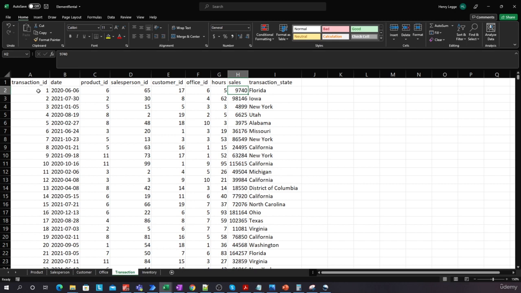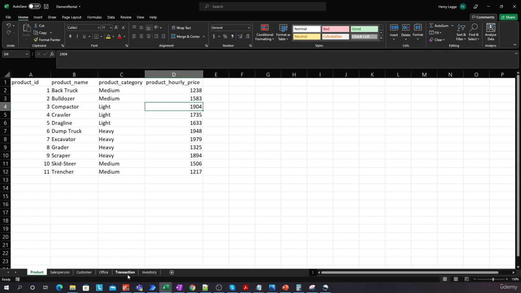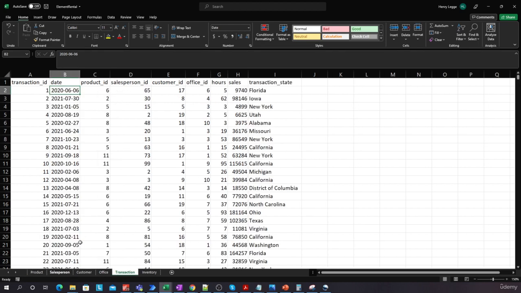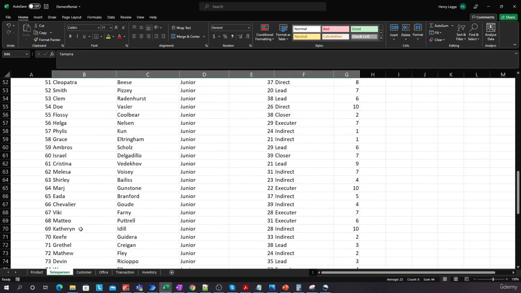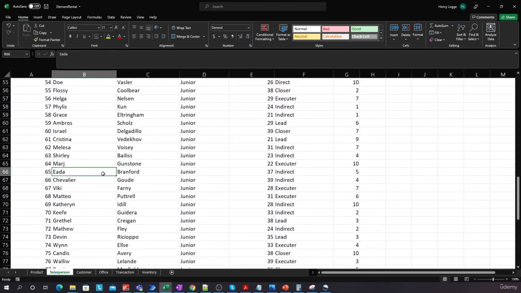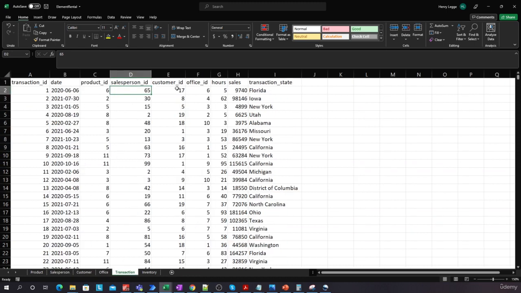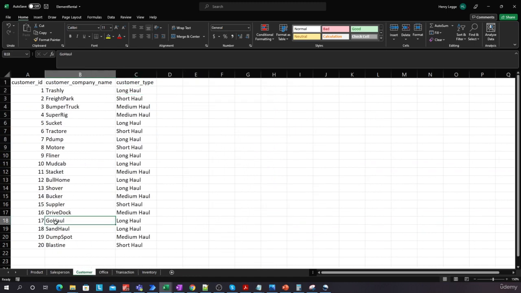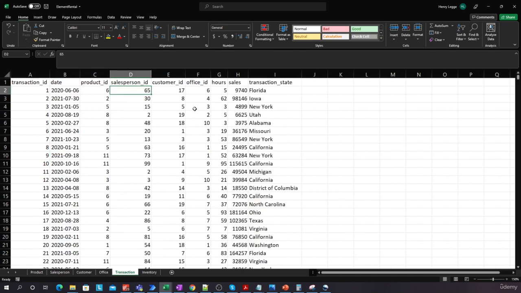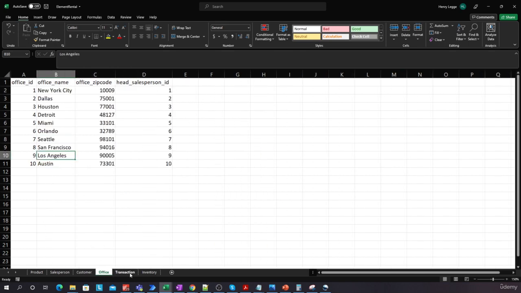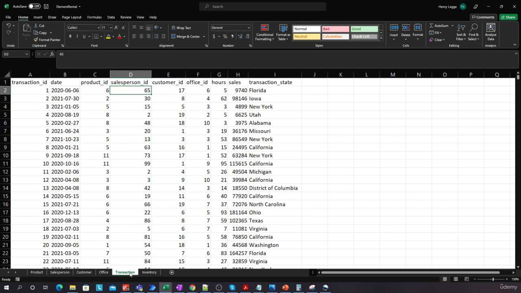So for example, transaction 1: the rental happened on June 6th, product ID 6, a dump truck, rented out by Ida Branford to GoHaul in the Orlando office. So dump truck sold by Ida to GoHaul in the Orlando office.